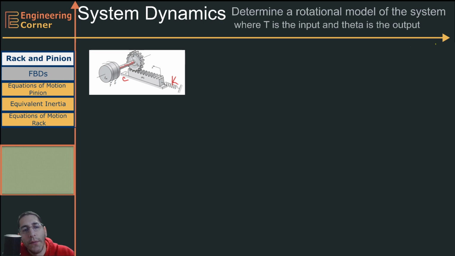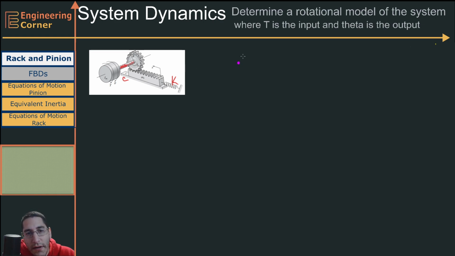Now, the other assumption we're going to make is that this shaft right here is going to have a negligible inertia, and it's not going to twist at all. So that means any type of torque that we see on this motor, we're also going to see on this pinion. So let's go through and draw the free body diagram of our rack and pinion.